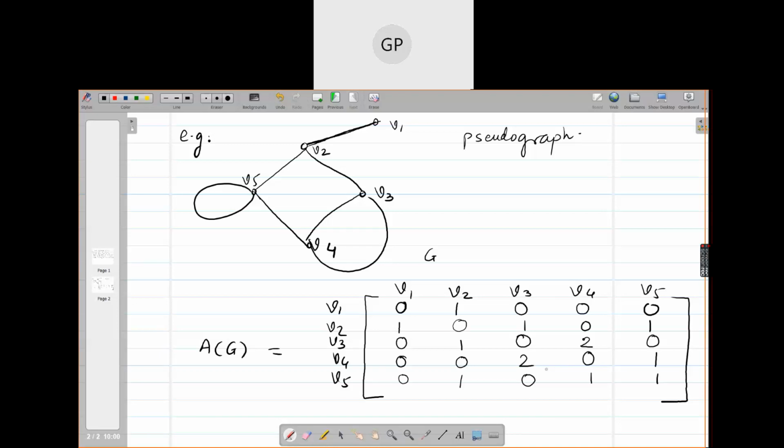That means if you take the transpose of this matrix, if you interchange the rows and columns, you get the same matrix. A is equal to A transpose.